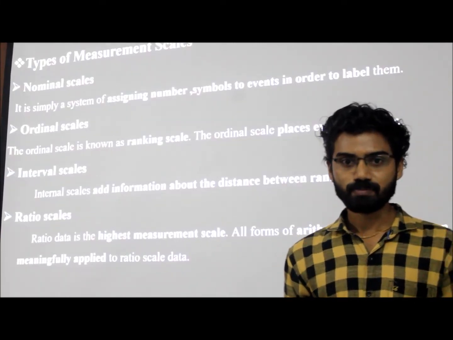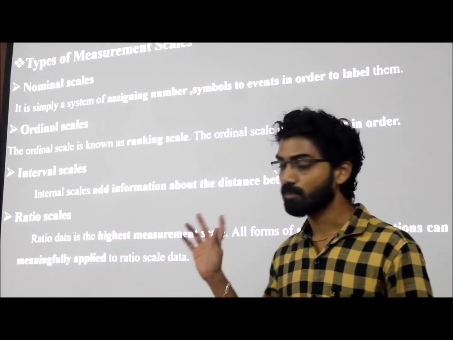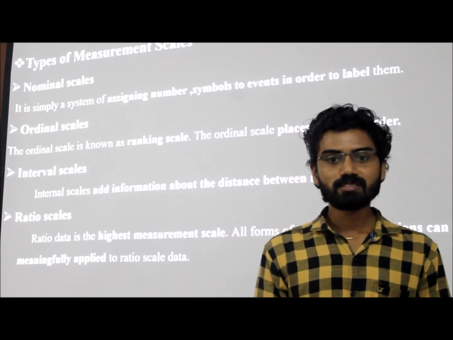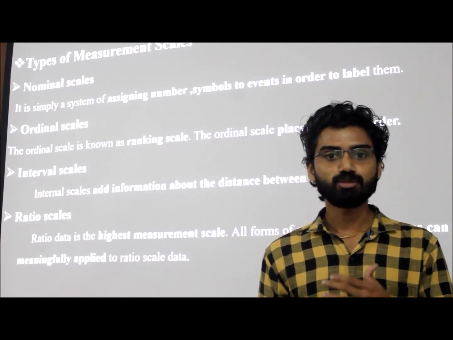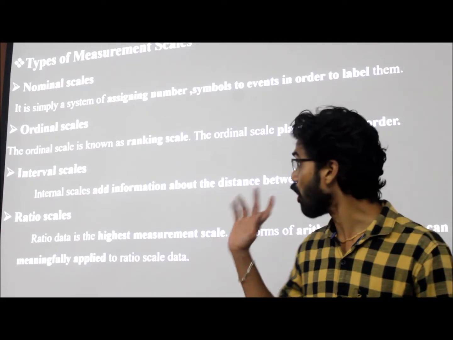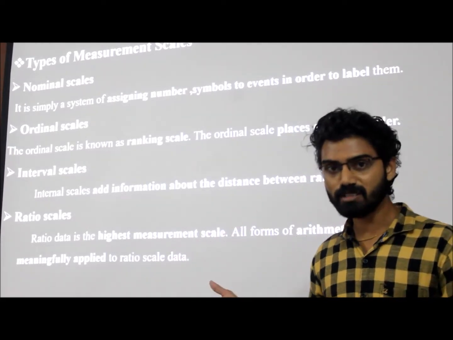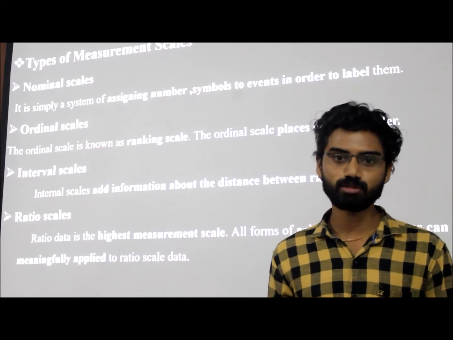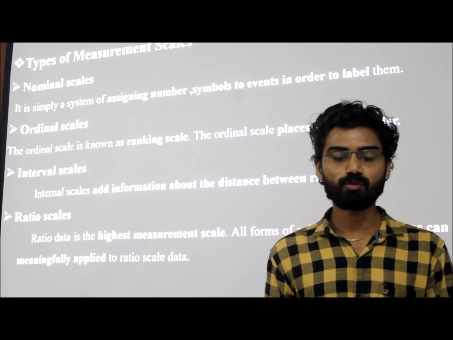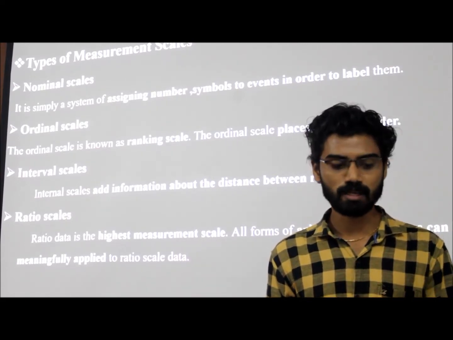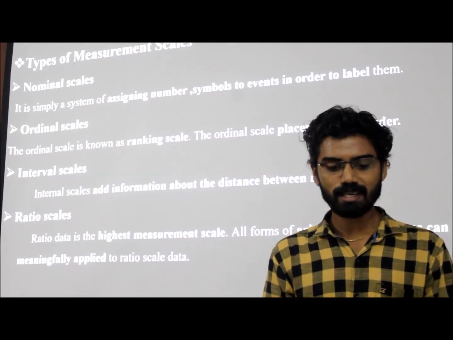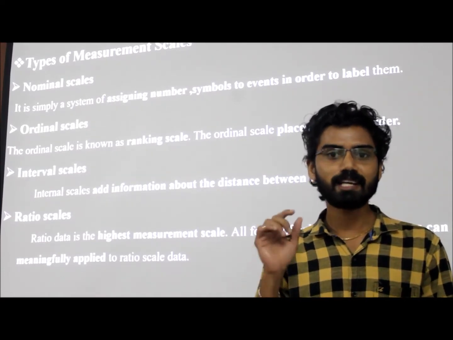And next one, the types of measurement scales. The measurement scales can be classified into four types. First one is nominal scales, second one is ordinal scales, third one is interval scales, and fourth one is ratio scales. First of all, let us look at what we mean by nominal scales. From the name itself, it is clear that it is just nominal in nature.